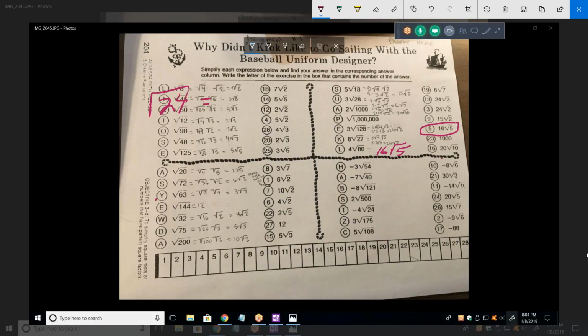First of all, write it as 6 times radical sign 4, and now simplify that. Then it's 2 radical sign 4. Radical sign 6. This is the thing that turns into a 2.